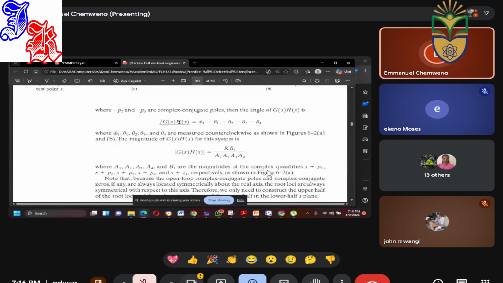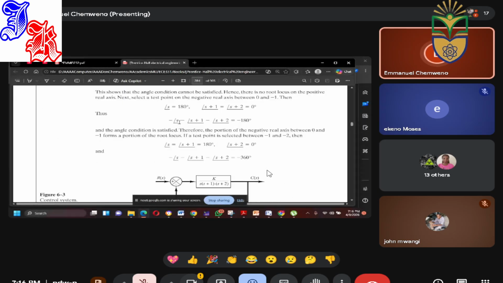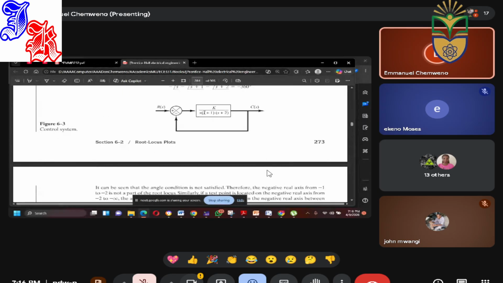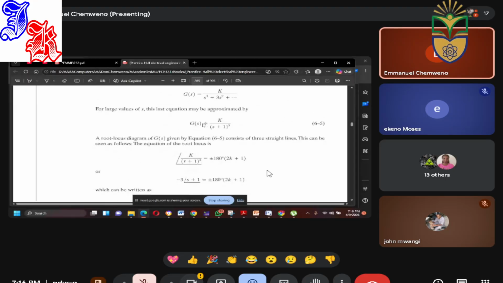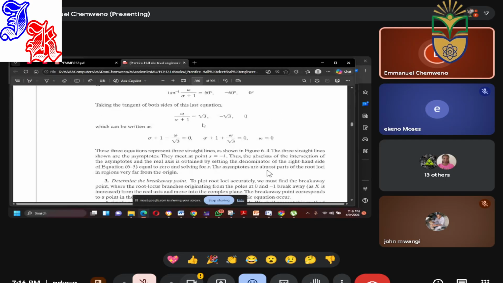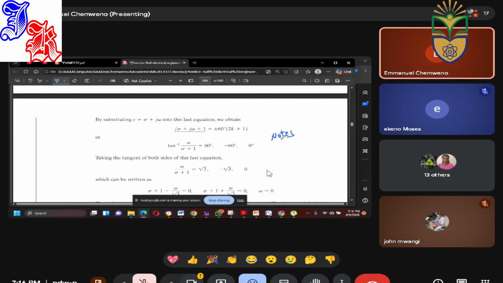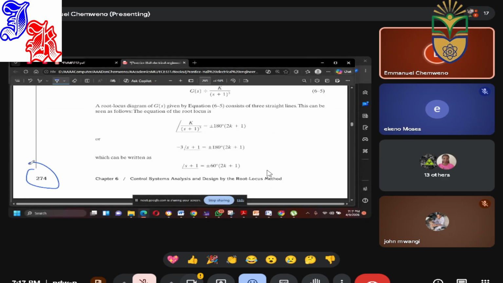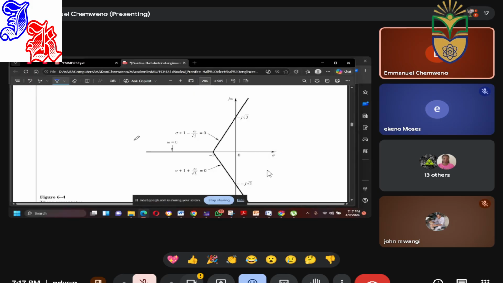This is the example that you have in the notes that you have been discussing today. All this, you can refer to. You can look at page 270-something in this textbook for more. These are asymptotes.